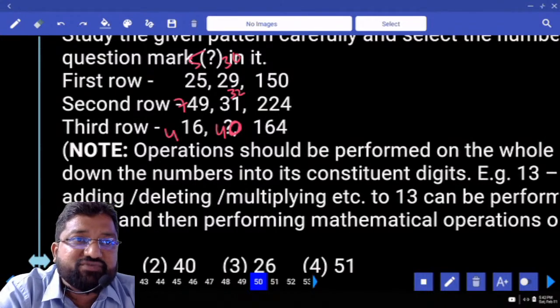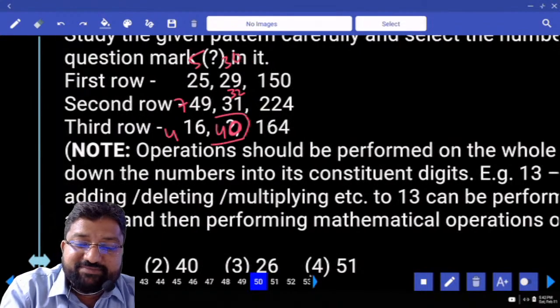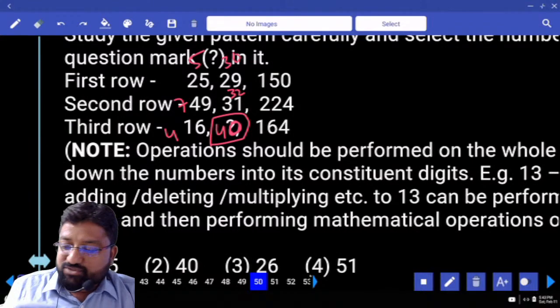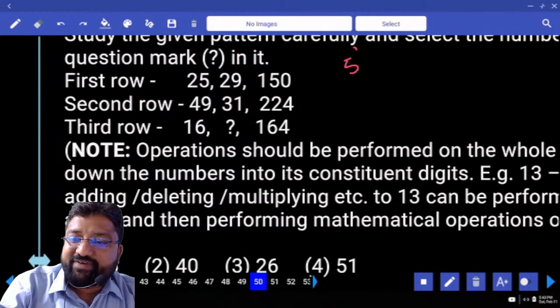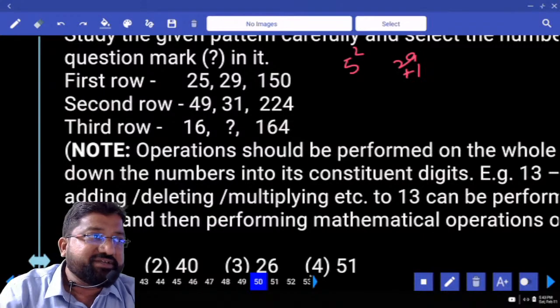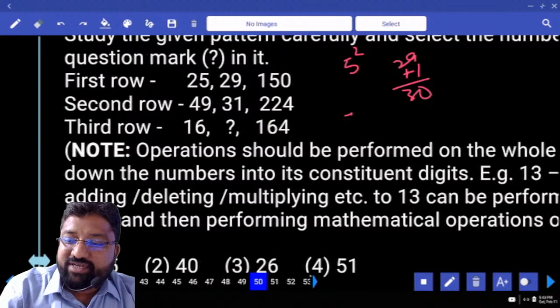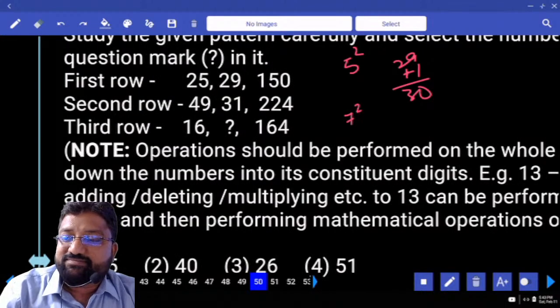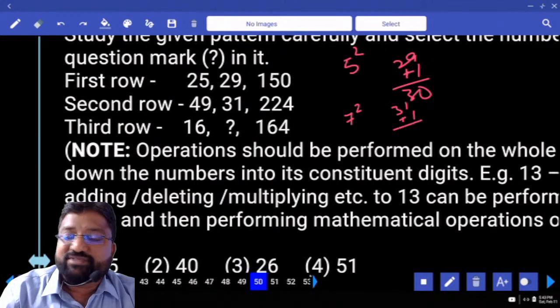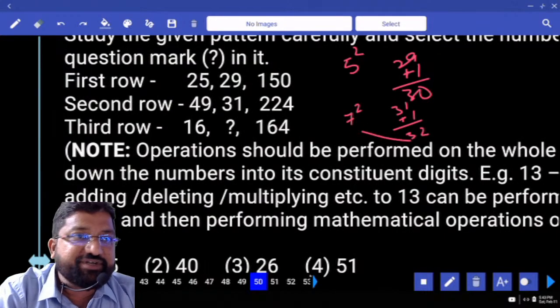16 should be considered as 4 because it is 4 square. 4 into 41 is 164, but we'll write only 40 here. So 25 is 5 square. Here 29 plus 1, it becomes 30. 5 into 30 is how much? 150. 49 is nothing but 7 square. 31 plus 1 is how much? 32. 7 into 32 is how much? 224.